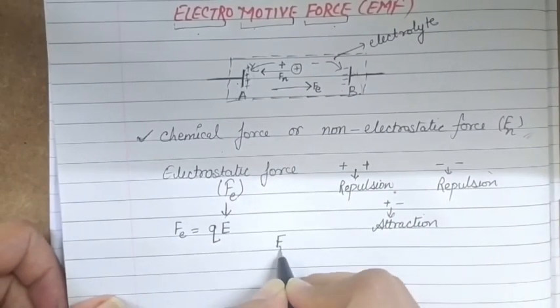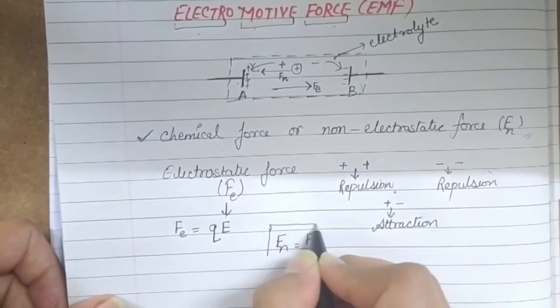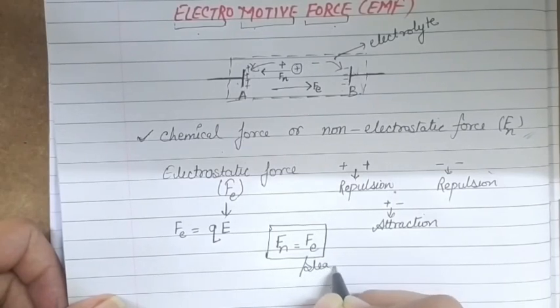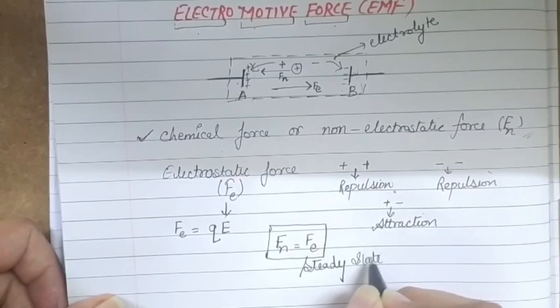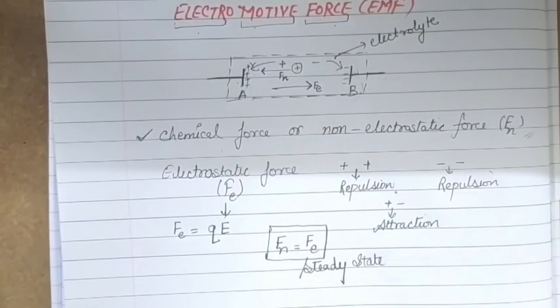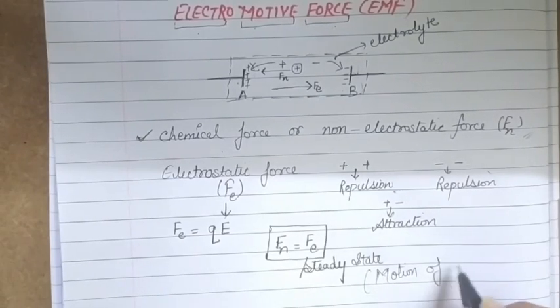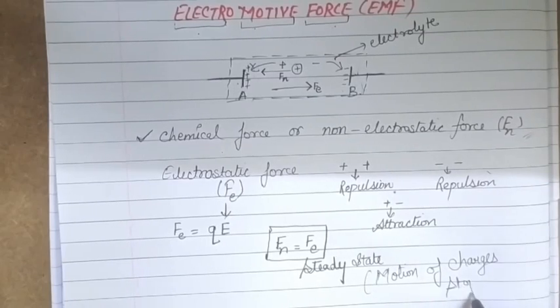Means as soon as we achieve the situation of Fn equal to Fe, we will get a steady state inside the battery. Means motion of charges stops.